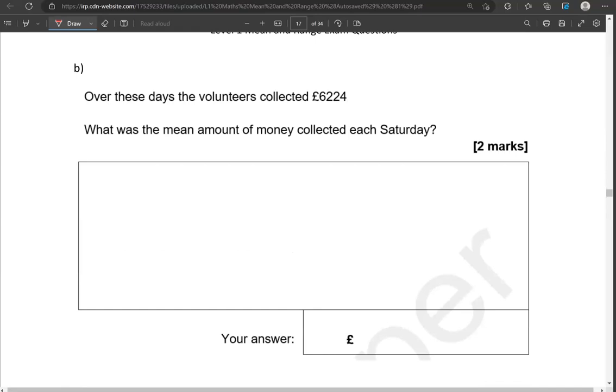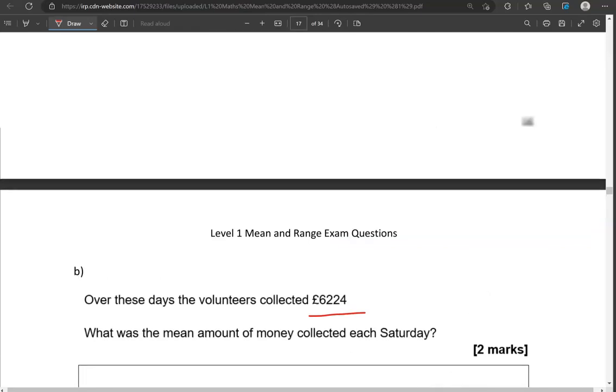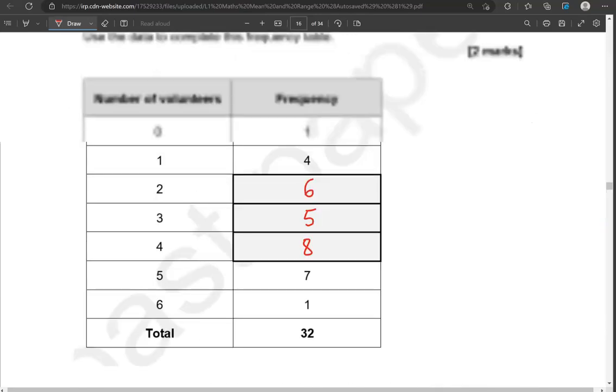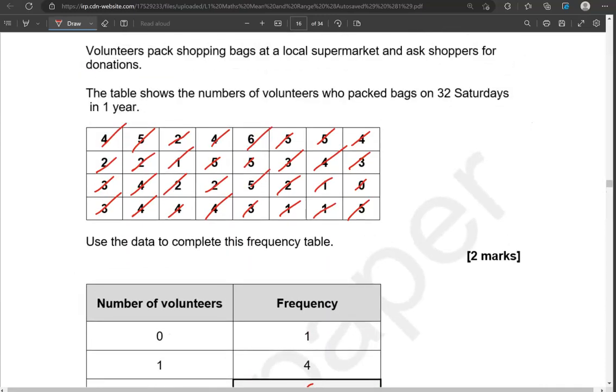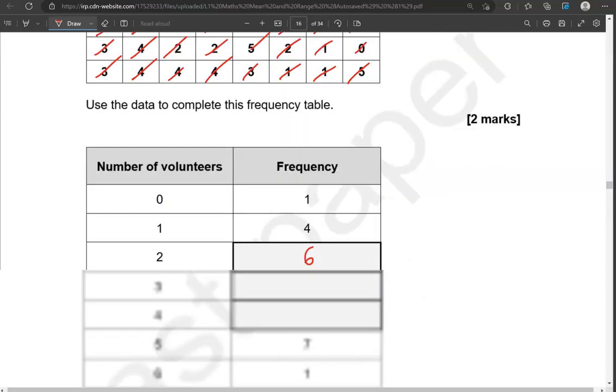Over these days, the volunteers collected £6,224. What was the mean amount of money collected each Saturday? So the total amount collected was £6,224. We're going to divide by the number of Saturdays, which is 32.